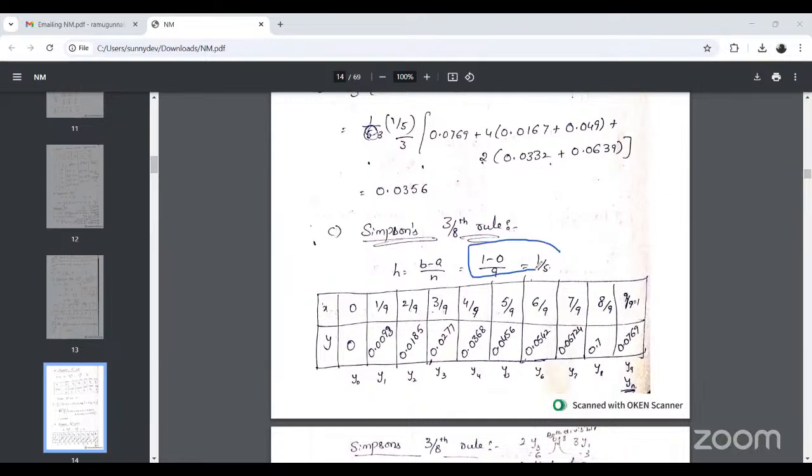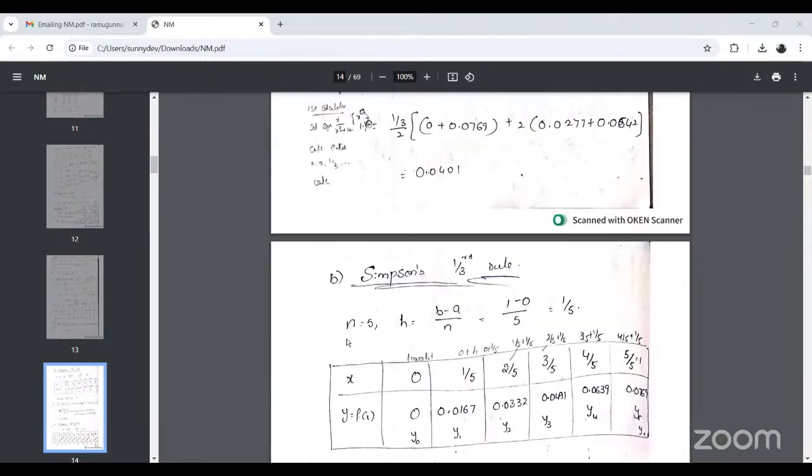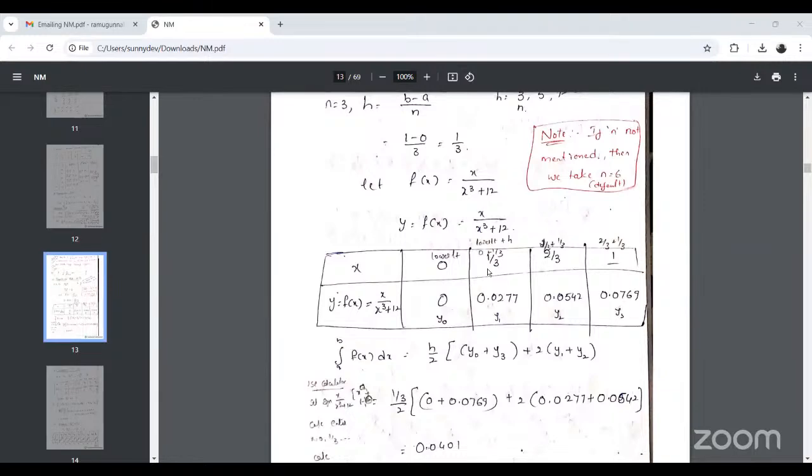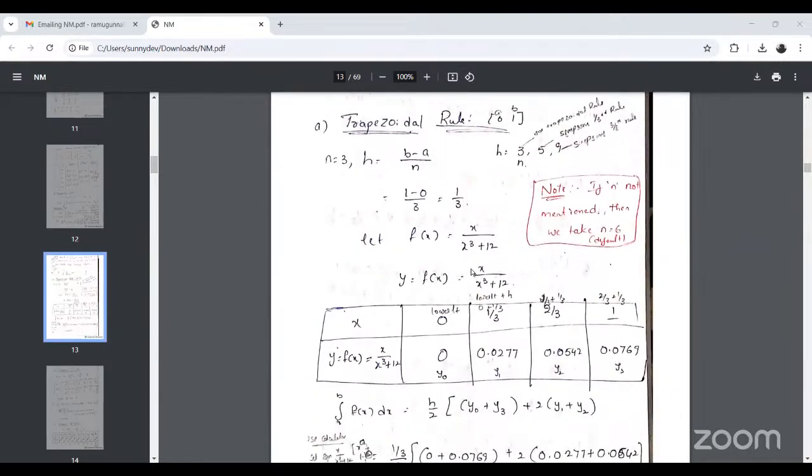(1 minus 0) by 9, and that gives us h equal to 1 by 9. So 0, 1 by 9, 2 by 9, 3 by 9, 4 by 9, 5 by 9, 6 by 9. How we are getting these values, see, that is important information. Here we can substitute. In the examination, you can use the calculator. Y of 0 means, just in place of x, we substitute 0.